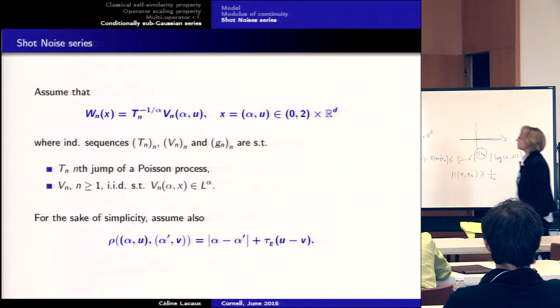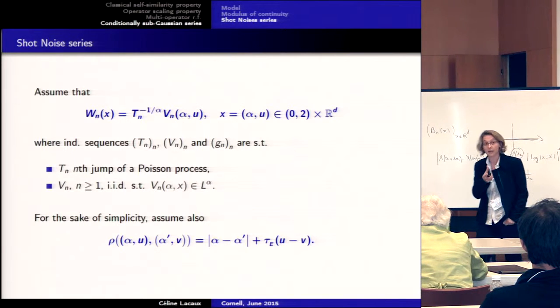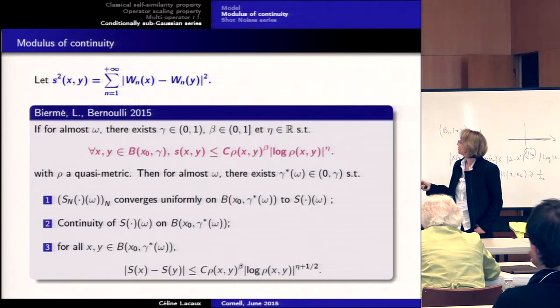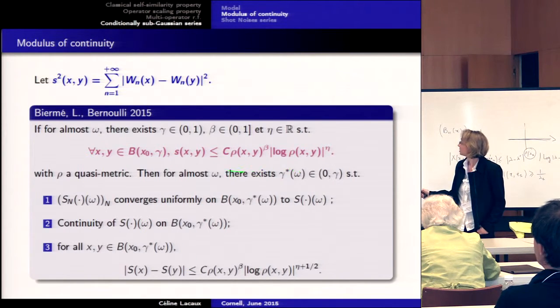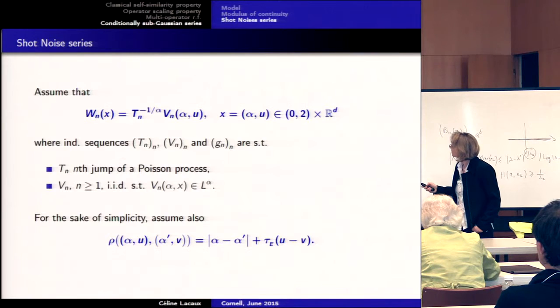For this kind of series, we have given a criterion based on its moments in order to have this assumption, and then to conclude that this works. So the criterion is this one.